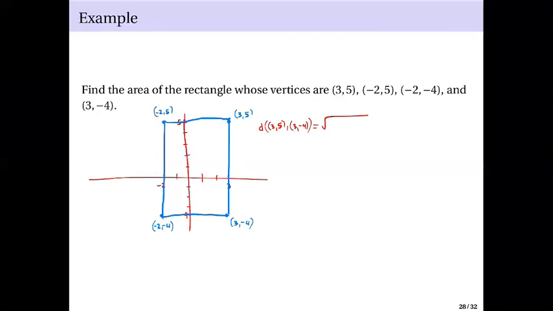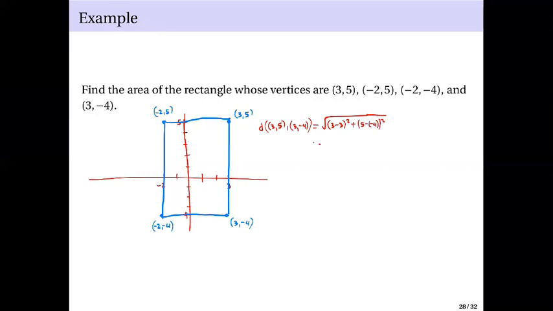It means the distance between the x coordinates is just 0. Indeed, you will just have 3 minus 3 squared. And then for the other guy, you will have 5 minus negative 4, and then you square that.